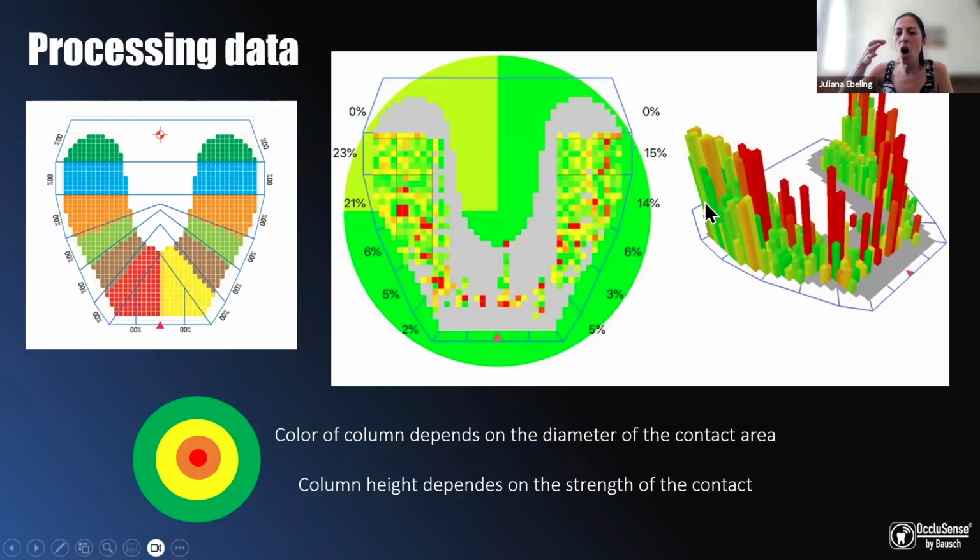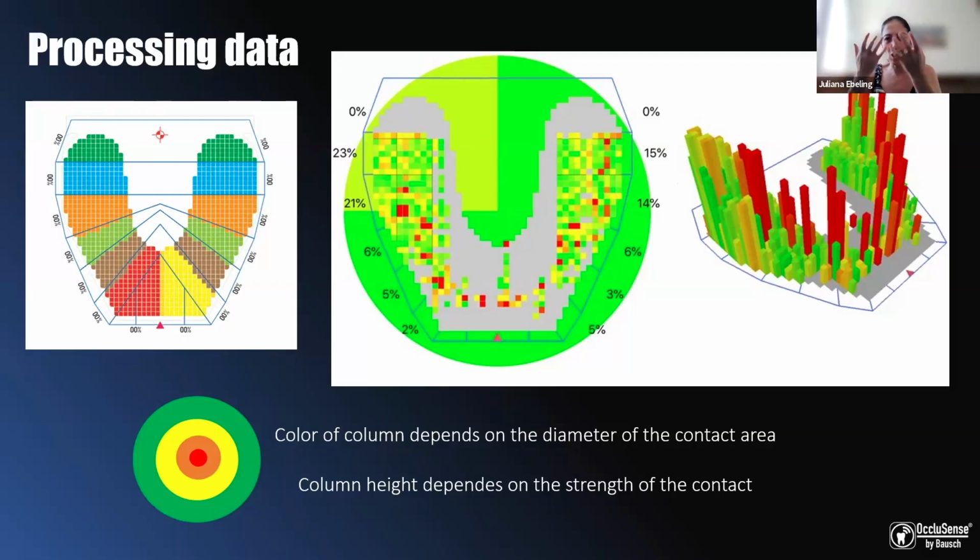Yes, the color represents the surface, the size of this surface. So if I have a punctual contact, I have a red, and if I have a larger surface, I have a more green color in these columns. This is the first thing that we need to understand.